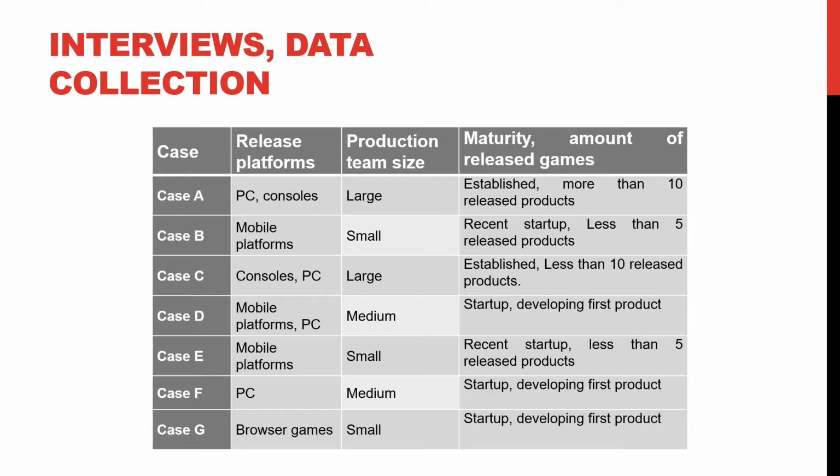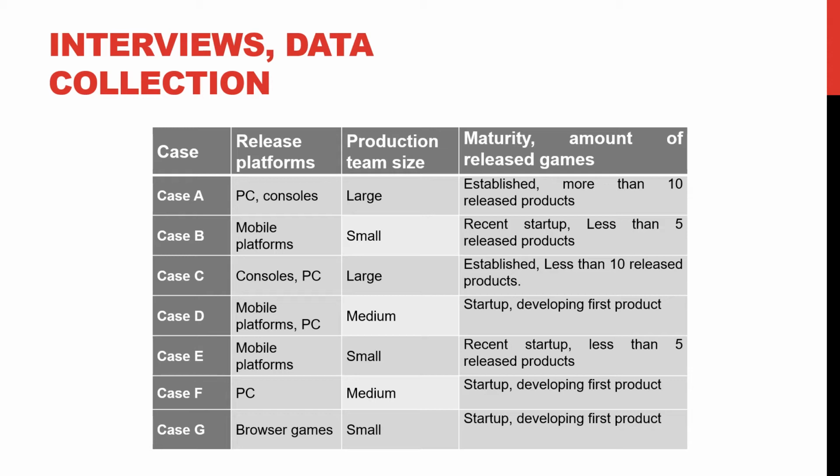Now, 2 of the companies were very established organizations which had more than 5 products. Actually, the largest and oldest one had more than 10 released products on all the different platforms which you could imagine at that point for game development. So Xbox, PlayStation, PC, Steam, whatever. And the rest of the companies were somewhere in between.